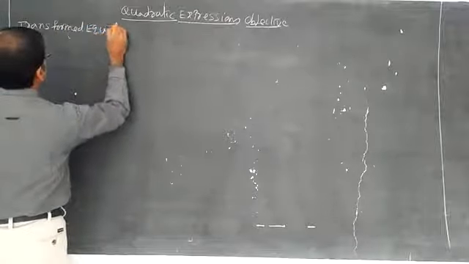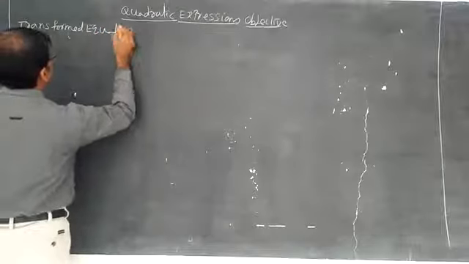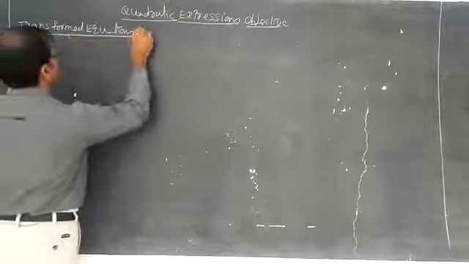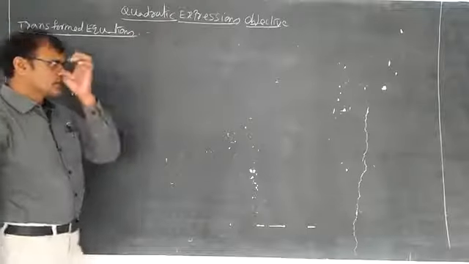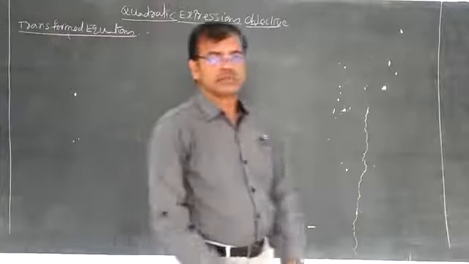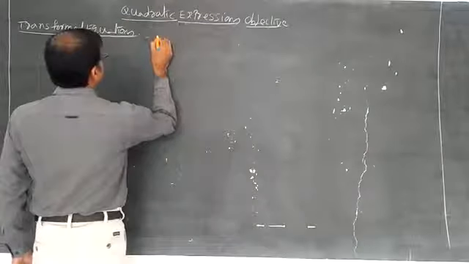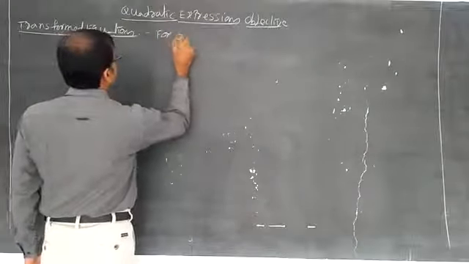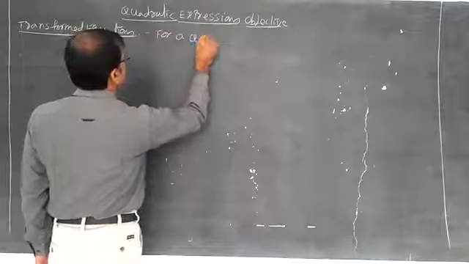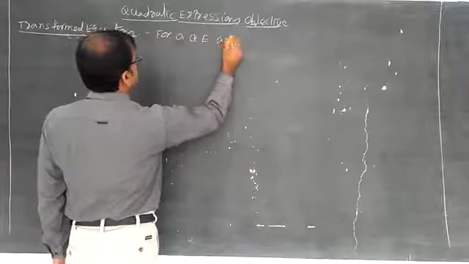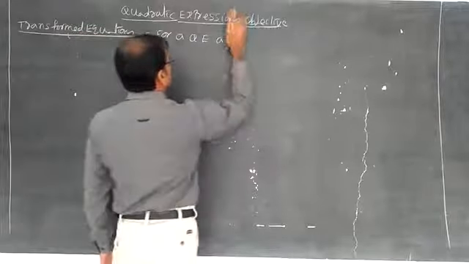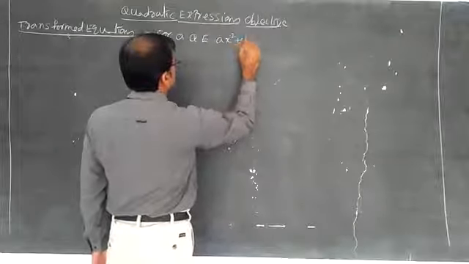First of all, transformed equations. What are transformed equations? Here, the general notation for a quadratic equation is ax square plus bx plus c is equal to 0.